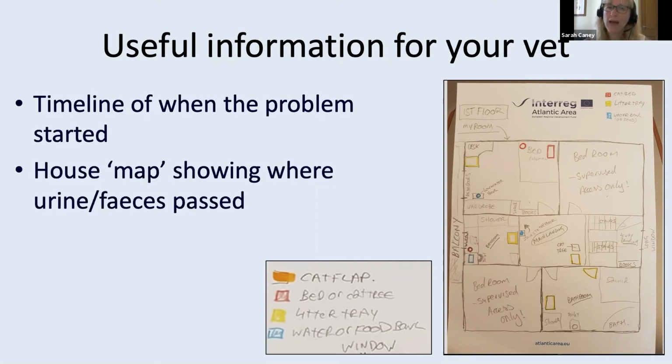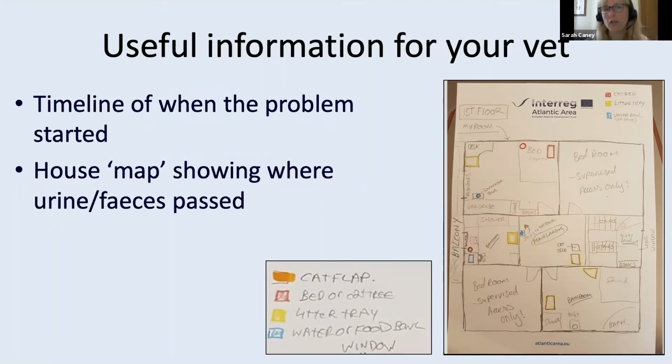So you can perhaps see whether there is any association between toileting accidents, let's say, and other events in the household. So perhaps it's when visitors come to stay, or perhaps the problem only started when a new cat joined the household. So doing a timeline can be useful.